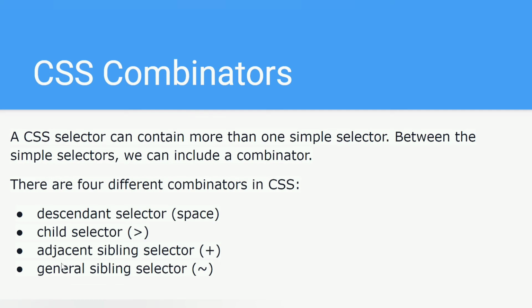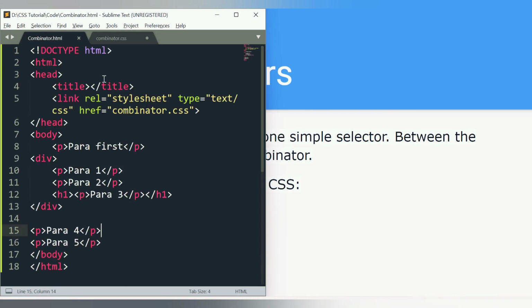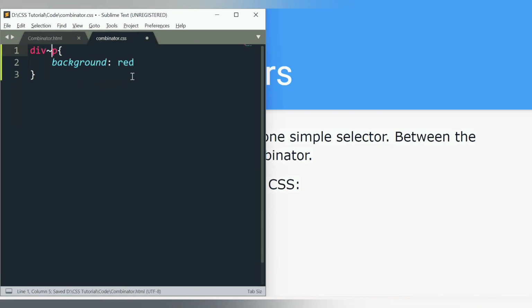It selects all the elements that are next siblings of a specified element. Now let's replace the plus symbol with this particular symbol to make use of the general sibling selector. In the CSS file, replace. So here we have replaced it with the general sibling selector. Let's save this file, refresh the page now.